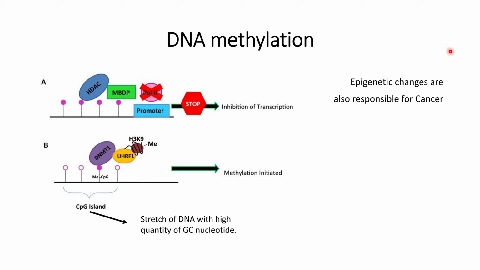This has been found in one type of cancer, such as breast cancer, where DNA methylation has been observed in the cancerous cells, and people have identified a way to reverse this DNA methylation.